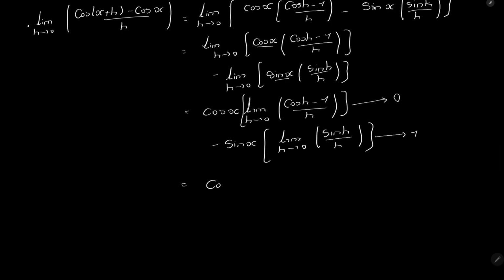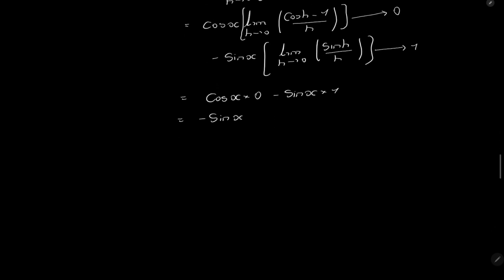That means our question reduces to cos x times 0 minus sine x times 1, which simplifies to minus sine x. So what can we conclude at the end of this question? We can conclude that the derivative with respect to x of cos x gives us negative sine x.